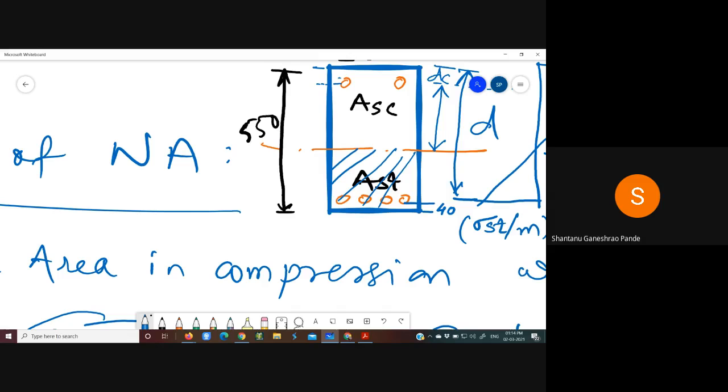So from this to this distance is 40, and we have to add to that. So DC equals clear cover, that is 40, plus half the bar diameter. For the compression zone, a 16 mm bar diameter is used. 16 by 2 is 8. 40 plus 8 is 48 mm. So DC value is 48 mm.